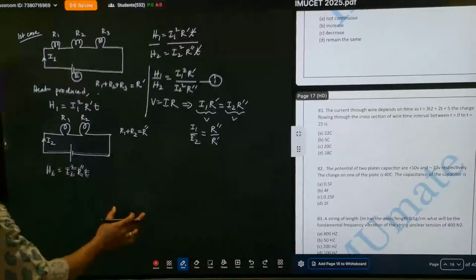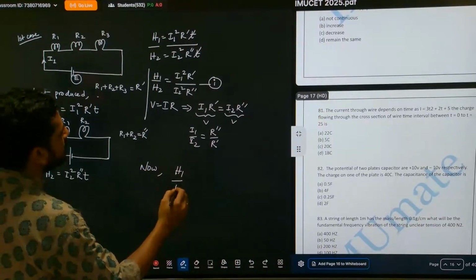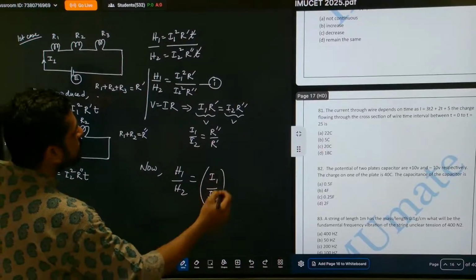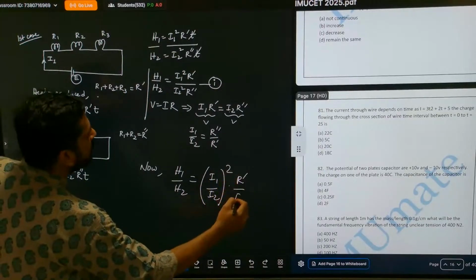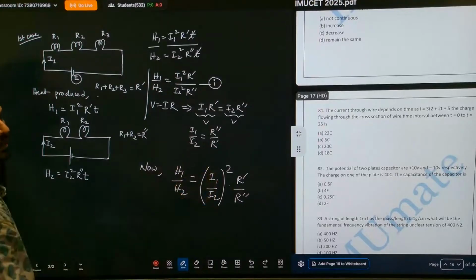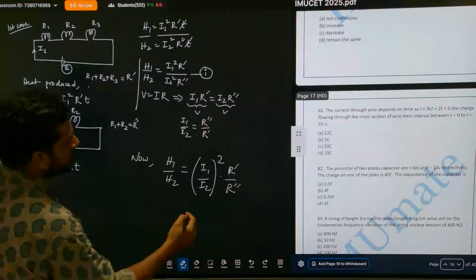Okay. So now H1 by H2 is I1 by I2 squared times R dash by R double dash. This part I took together. So what is I1 by I2? R double dash by R dash. Just put it.